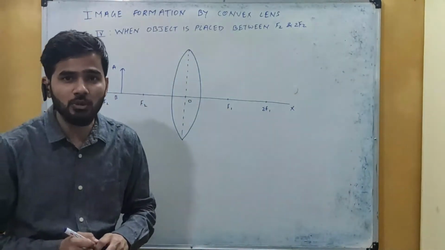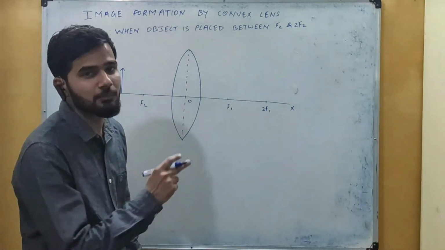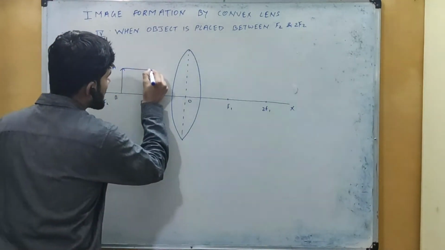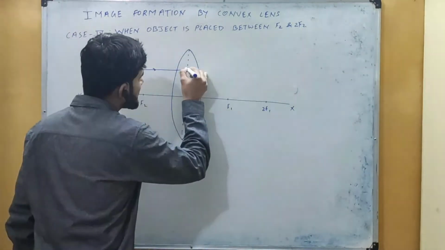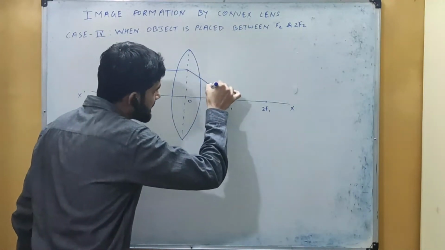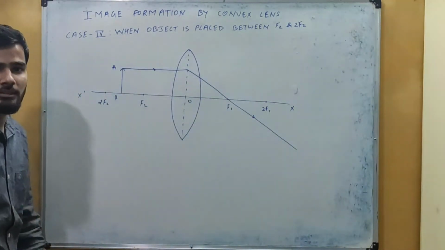Here the first rule, that is, if a light ray is parallel to the principal axis, then after refraction it passes through the first principal focus. So here let me draw the rule number first. Refraction will take place from the aperture, and this will be the first rule.